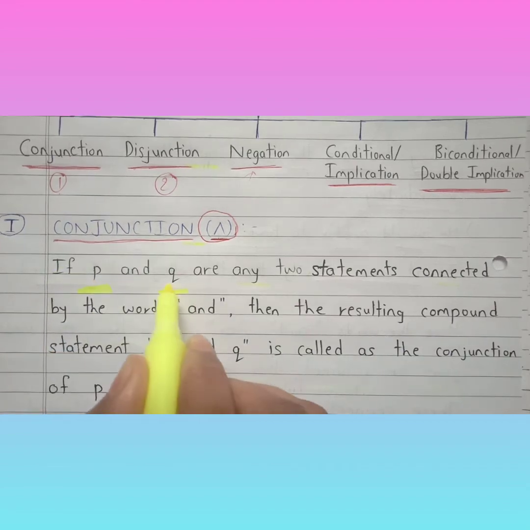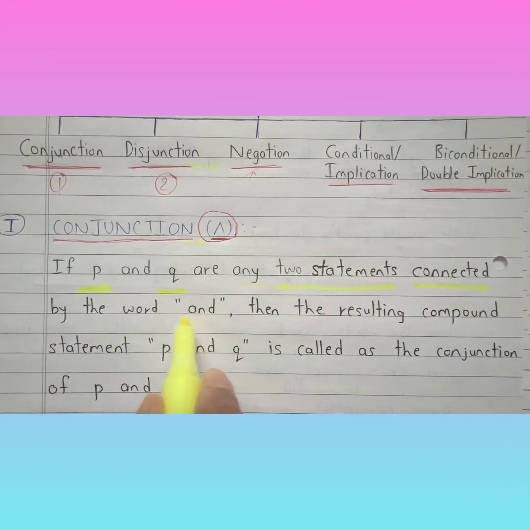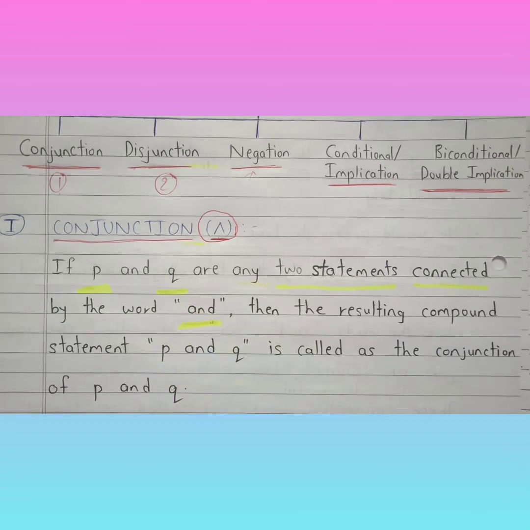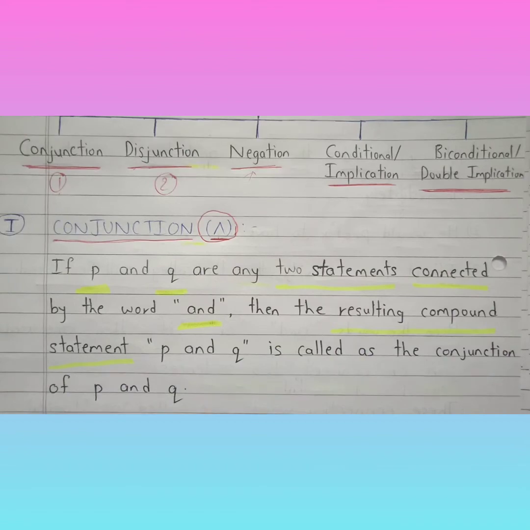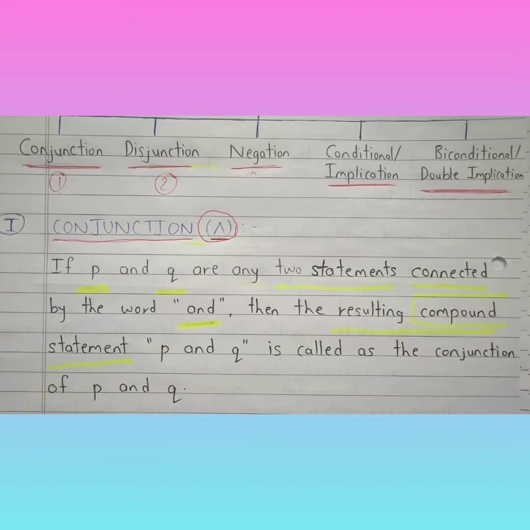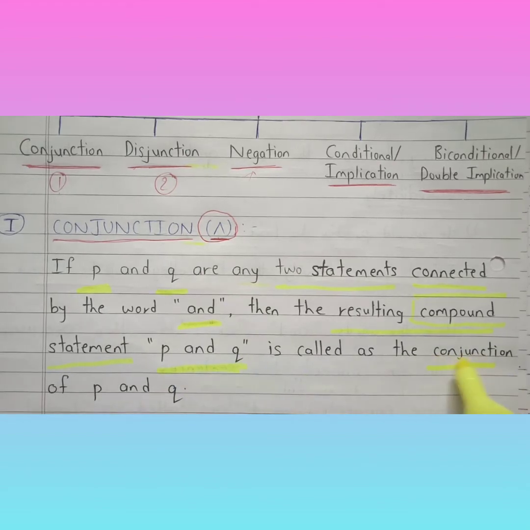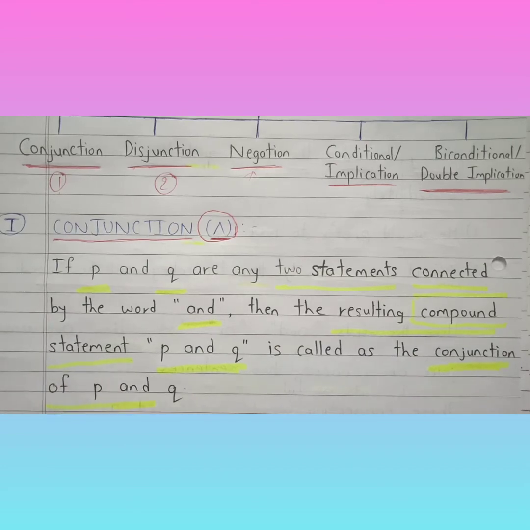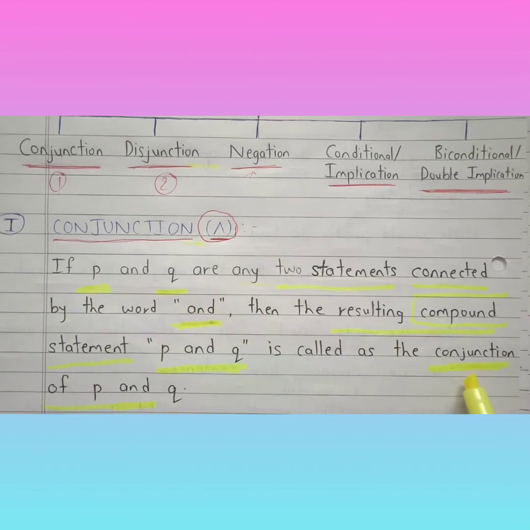So if small p and small q are any two statements connected by the word "and", then the resulting compound statement, since you are connecting two simple statements, will be a compound statement of the type P and Q, and that is called the conjunction of P and Q. If you use the word "and" to connect two statements, the resulting compound statement is the conjunction of P and Q.